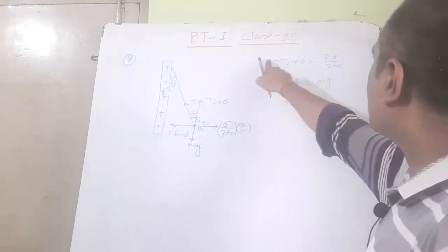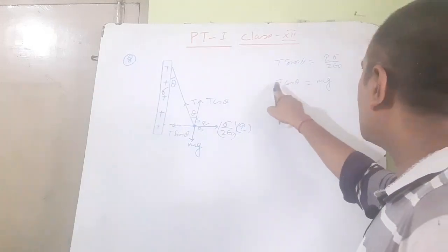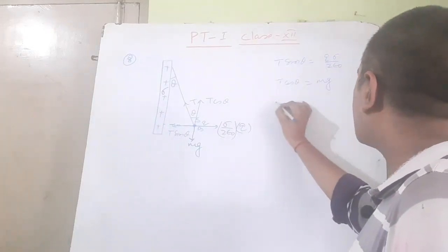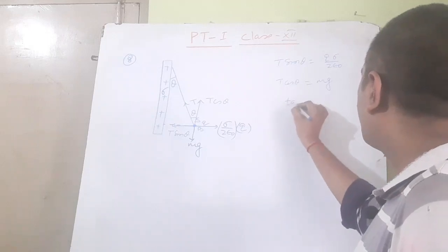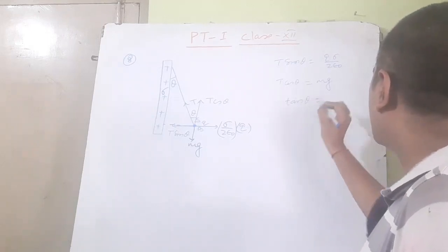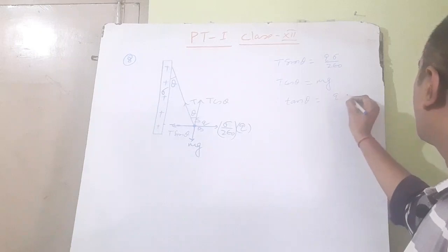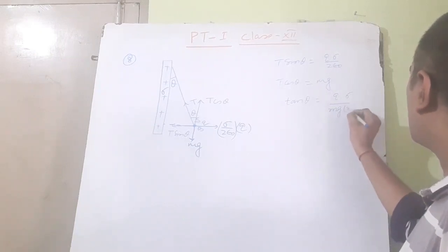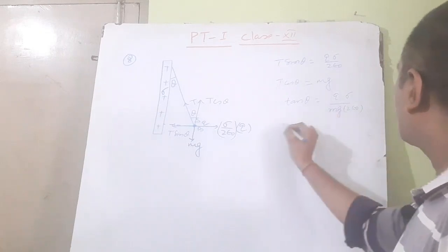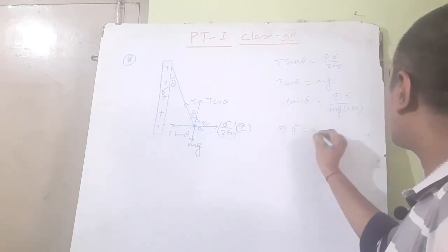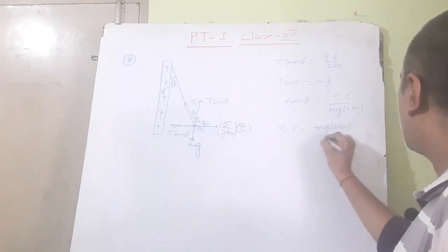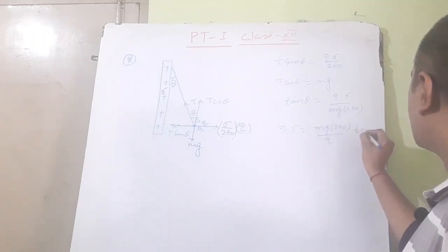You divide this equation by this equation, you see T will be cancelled out and sin theta by cos theta is tan theta. So tan theta is equal to q sigma by mg into 2 epsilon naught. So from here you can have sigma is equal to mg 2 epsilon naught by q tan theta.